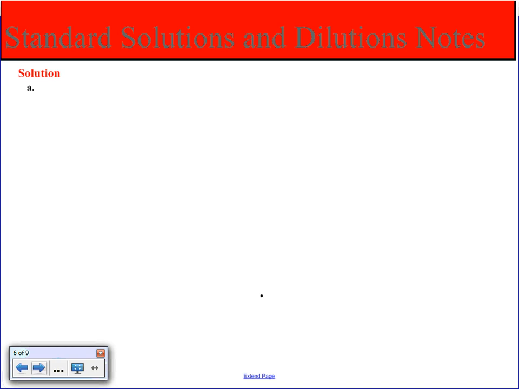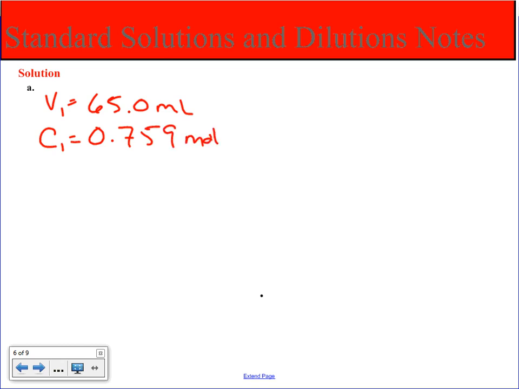What we know is the initial volume, which was 65.0 milliliters. We know the initial concentration, which was 0.759 moles per liter. We know the final volume is 100 milliliters, and what we need to figure out is the final concentration.